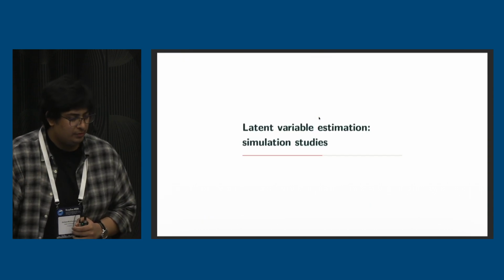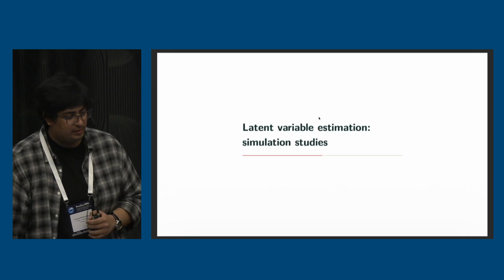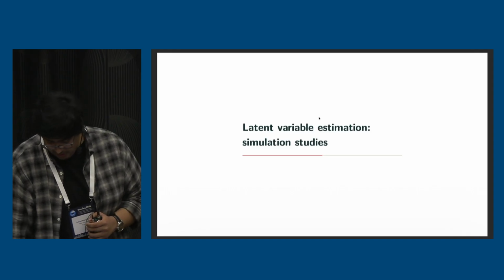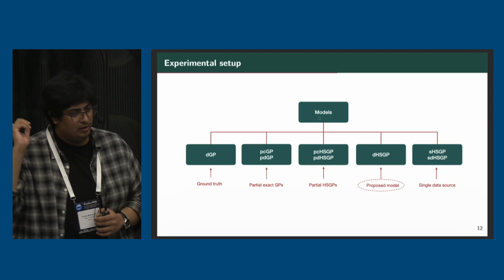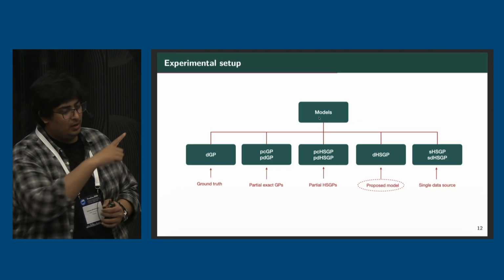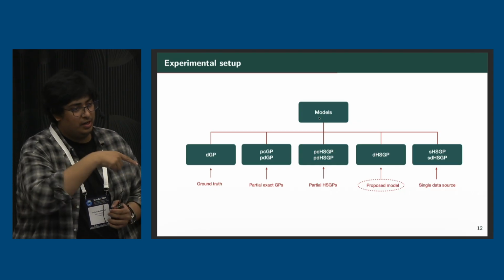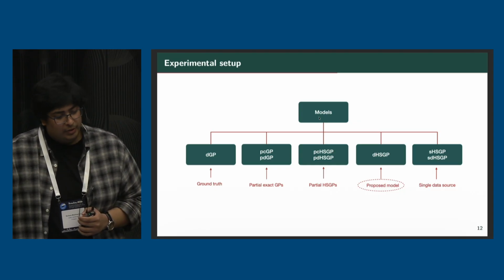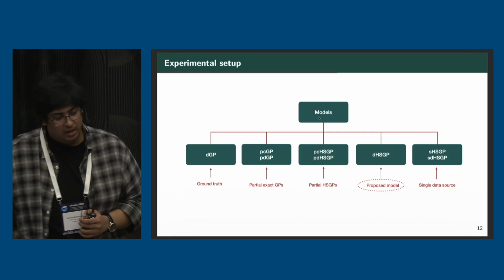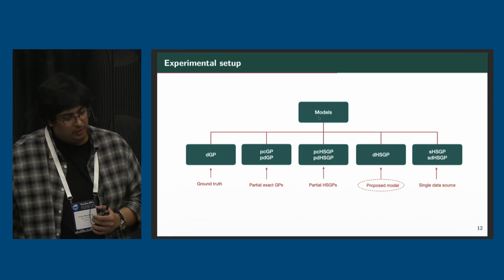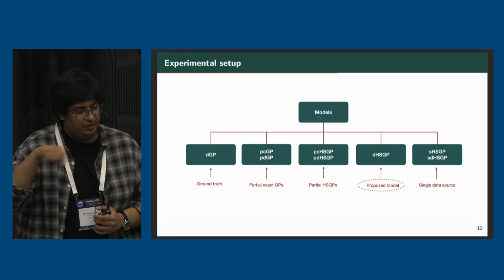Then we move on to some simulation studies where we check how well our model recovers the latent variables. To do that, we do some setup where we generate 50 simulated data from the ground truth, which is our exact derivative Gaussian process, which we started with. And then we compare the posterior samples from that with the posterior samples of the latent inputs of our proposed model, derivative HSGP.